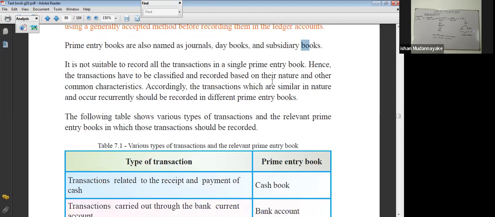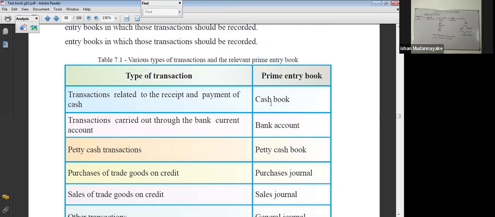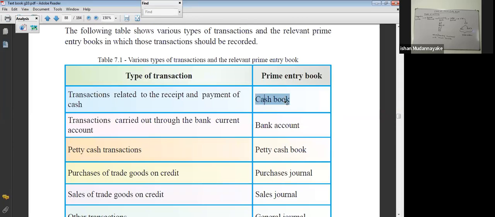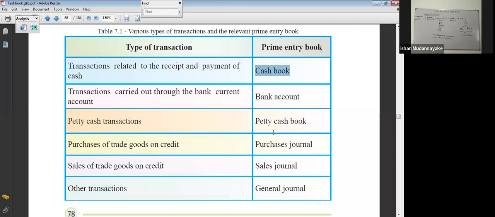To record similar transactions, we use separate primary books. These are the primary books you need to learn: cash book, petty cash book, bank account, purchase journal, sales journal, general journal.